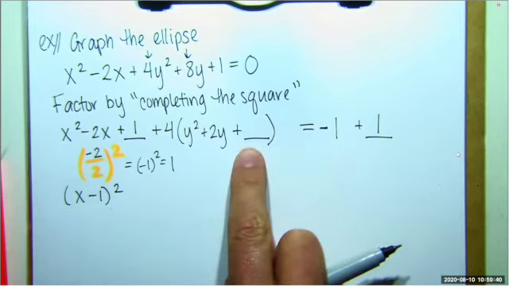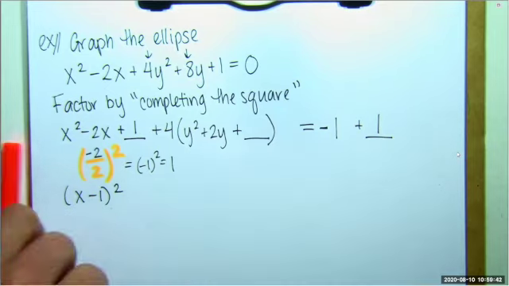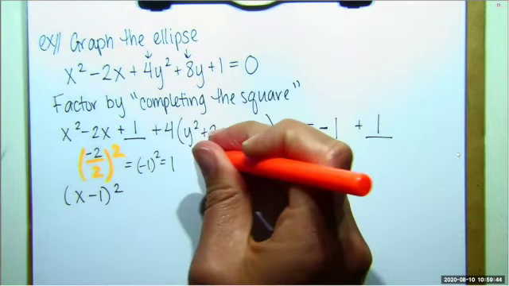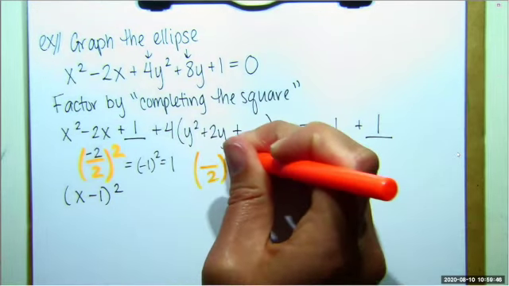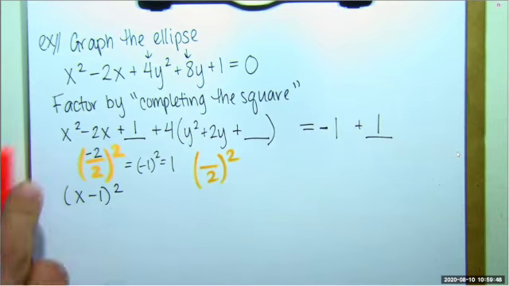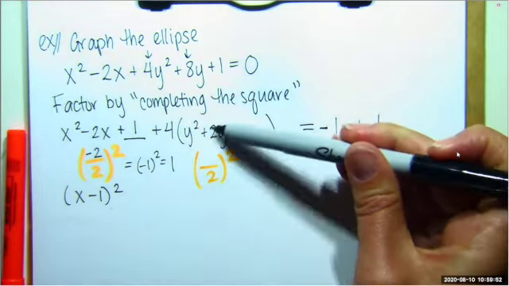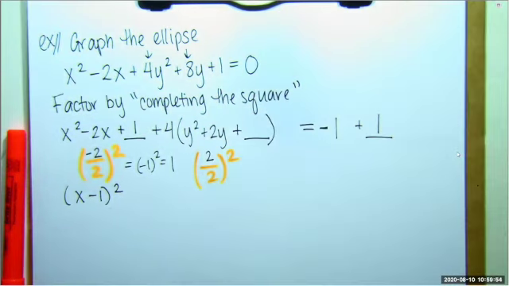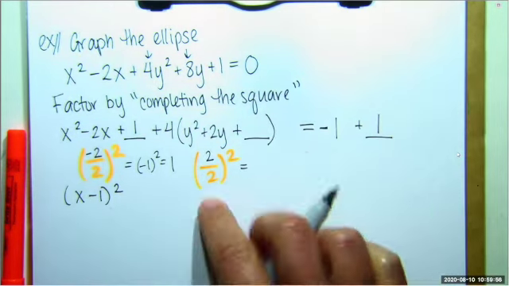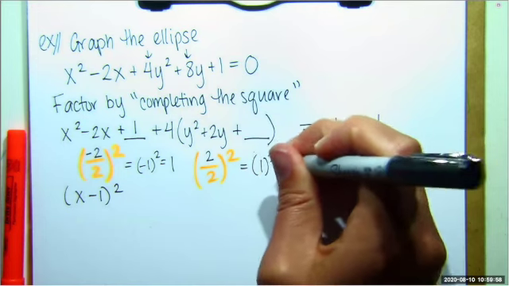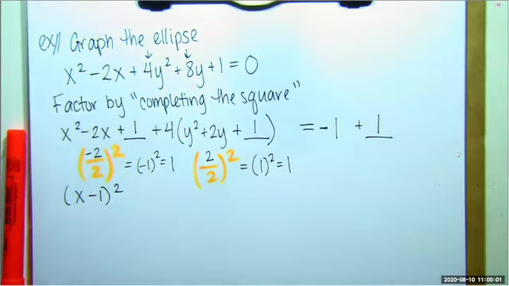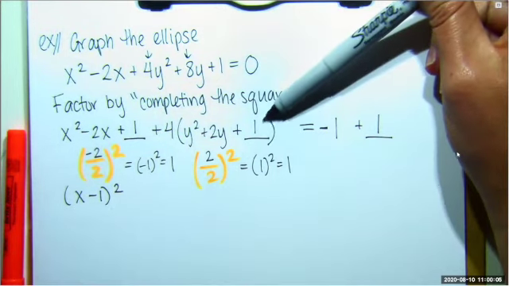To complete the square, our process is always the same. We always take the middle number, divide by 2 and square. So I take this middle number, that's 2, divide by 2 and square. 2 divided by 2 is 1, 1 squared is 1. So I need to add a 1 here. Now I can't just arbitrarily add something to the left side.